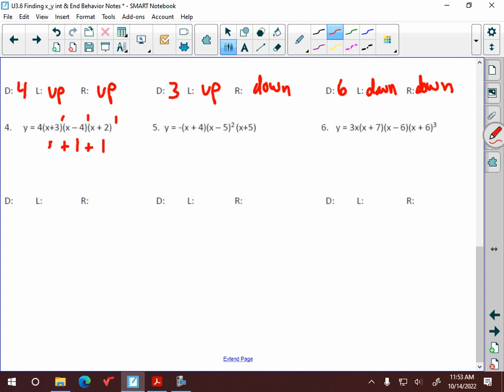And so if we count up all the exponents, 1 plus 1 plus 1 is 3. So this has a degree of 3. 3 is an odd number, so that means it's going to have the cubic shape. And we're leading off with a positive number, so there's no reflection. So we want to think of our cubic shape like this: the left side is going to go down, and the right side is going to go up.